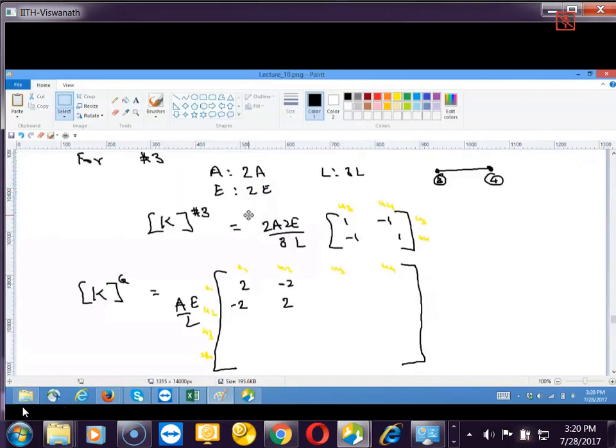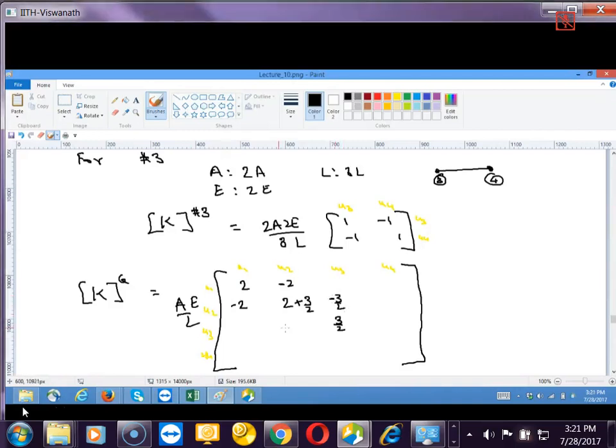So this one is plus 3 by 2, with everything A by L taken outside. Next, u3 is minus 3 by 2.